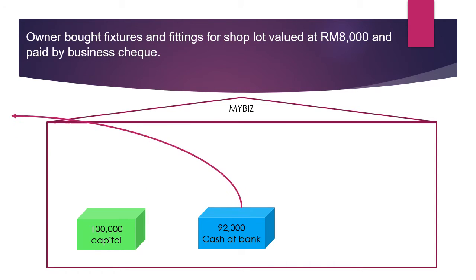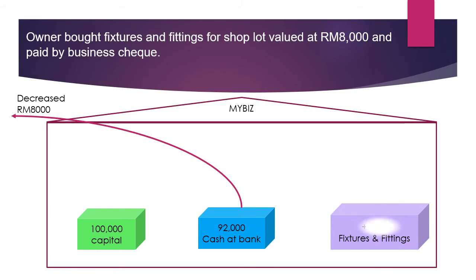The cash at bank will be reduced by 8,000 ringgit, because the 8,000 ringgit is being used to pay for the fixtures and fittings. So you will add the 8,000 ringgit value of fixtures and fittings into the business.